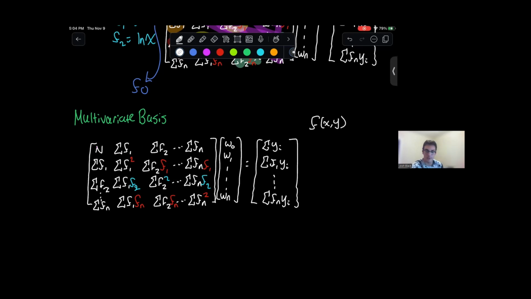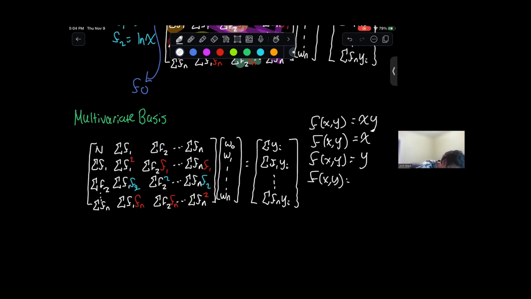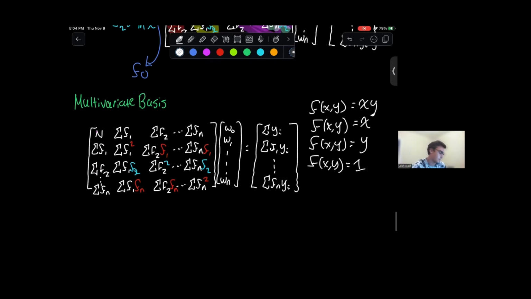Before we move on, functions of x and y can look like this, or they can look like this. They can be functions of x and y, functions of just x, functions of just y, or just constants. It's still a function, it just doesn't change when one of the other variables change.